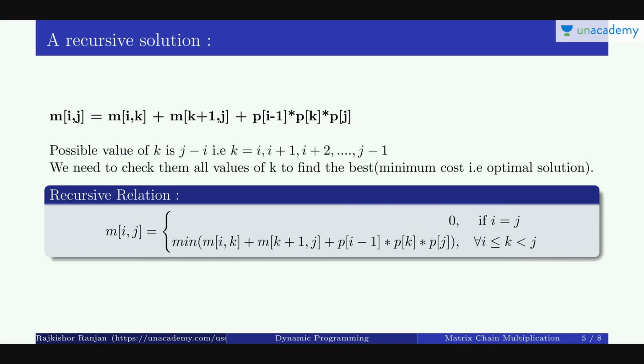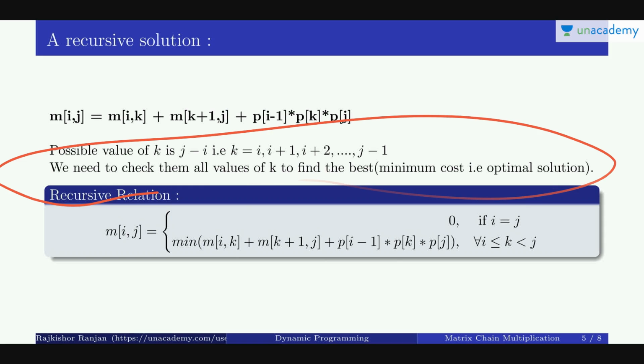Here the possible values of k would be i, i plus 1, up to j minus 1. What we need to do here is check all values of k to find the best solution, that means the minimum cost or the most efficient way for multiplying matrices ai to aj.